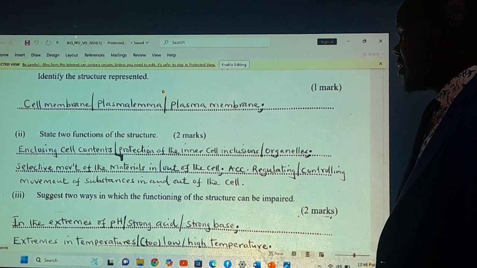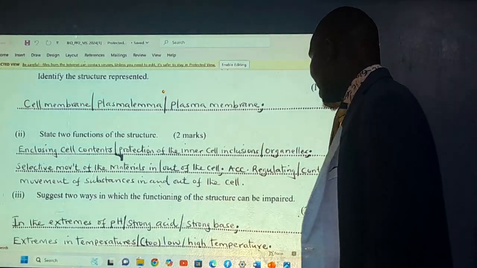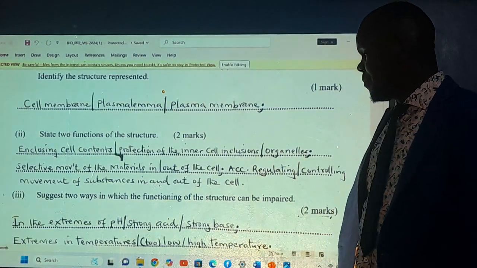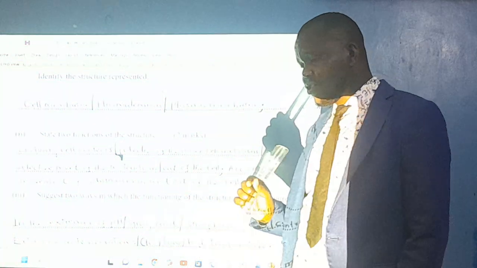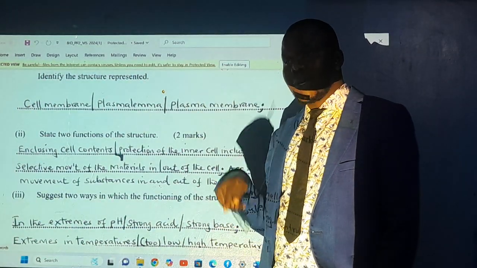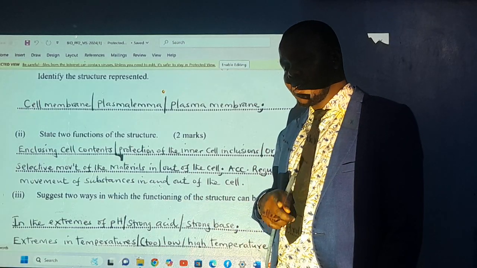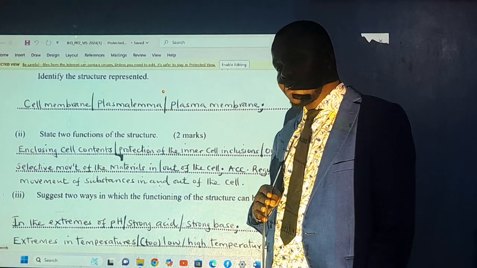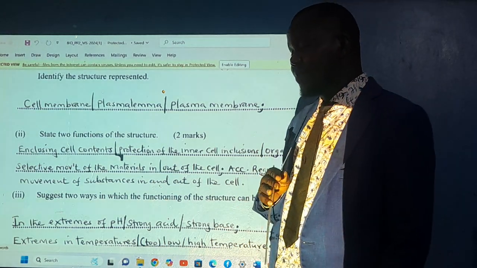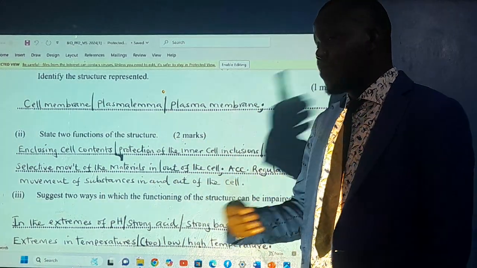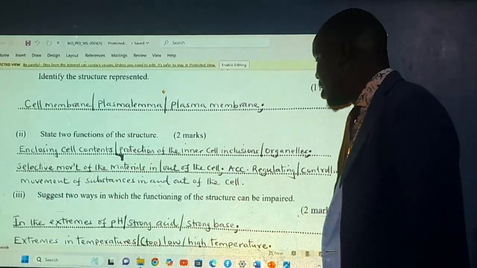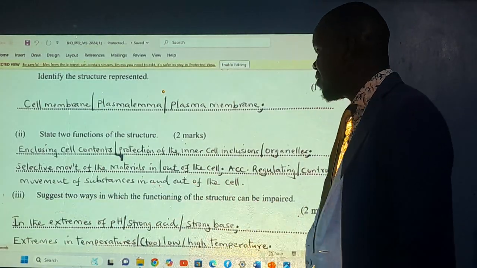Then suggest 2 ways in which the function of the structure can be impaired. How can we impair the function of this structure? Within those cell membranes we have the spacings, called what? The spacings give the semi-permeable cell membrane its properties. Because the membrane is bound with protein, those proteins will be affected by extreme pH, that is strong acid or even strong base.